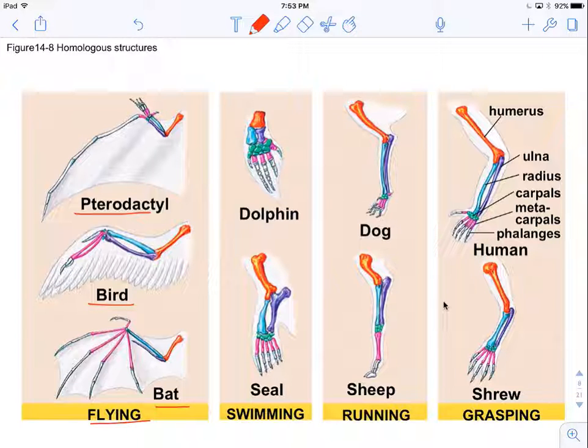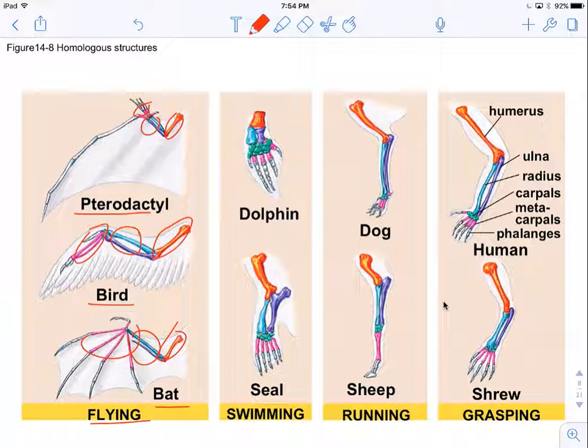So they've all developed this wing structure, but if you look, they all have the same: there's the humerus right there, radius and ulna, and phalanges. It's all the same.